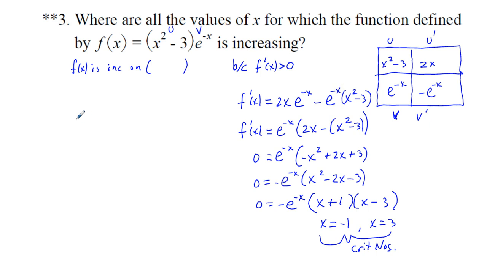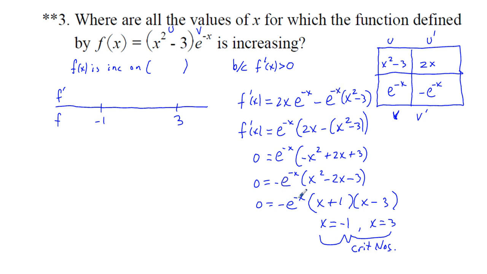Okay, so now we can set up a number line here and put our critical numbers down here, negative 1 and 3, and we put f prime up here on top and f down below. And to the left of negative 1, what do we have? Well, this one here on the left is always going to be negative, right?